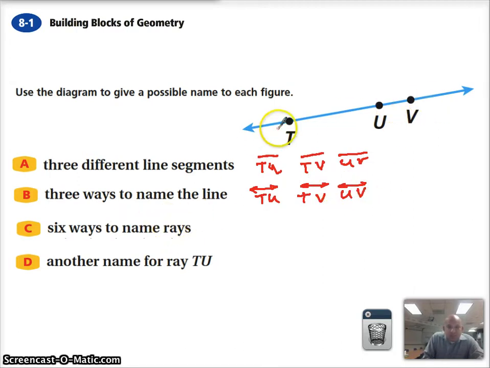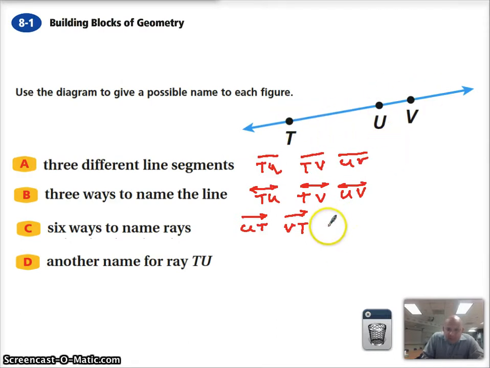6 ways to name rays. Well, this is where order matters. So if I want a ray extending this way, I'll need to name it UT because it starts at the endpoint U and continues infinitely in the direction of T, UT. I can also name it VT, if I want to extend it from endpoint V and through T and beyond.